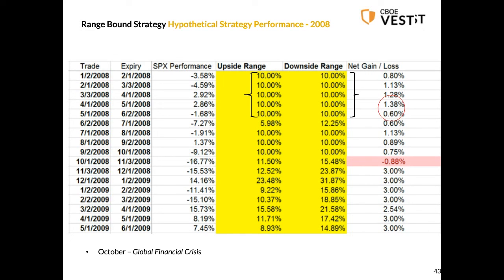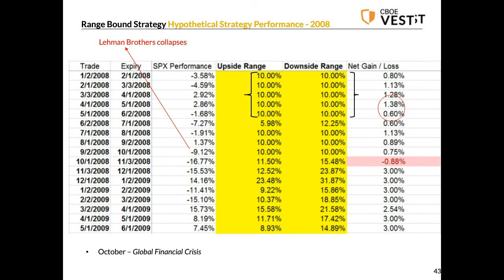Here in October 2008, when Lehman Brothers collapsed, the S&P was down 16%. So it would have gone out of that 10% range. But in fact, the volatility that's priced into options was so high at that time that the range had naturally widened. So there was a bit of a loss in that month, minus 0.88% with a strategy like this.